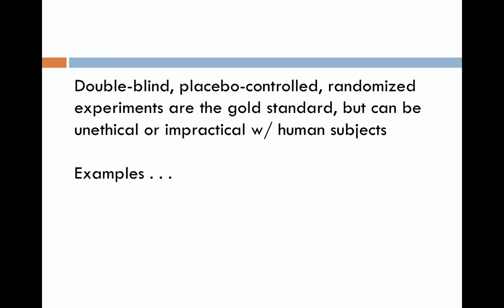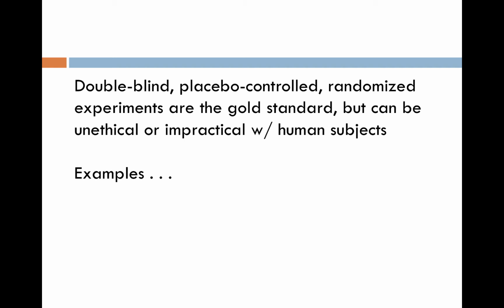Some of the examples that I'm going to cover, one of them we've actually covered before, concerning birth control. It would not be ethical to conduct a study on birth control in which your control subjects would receive a placebo that has absolutely no impact on preventing pregnancy, whereas the experimental group is going to receive some type of birth control.